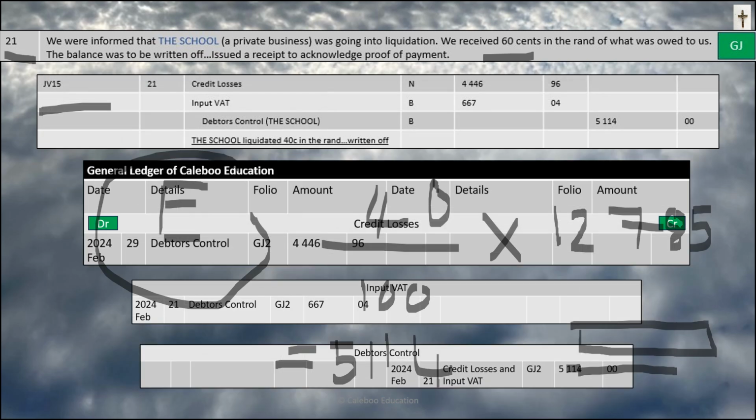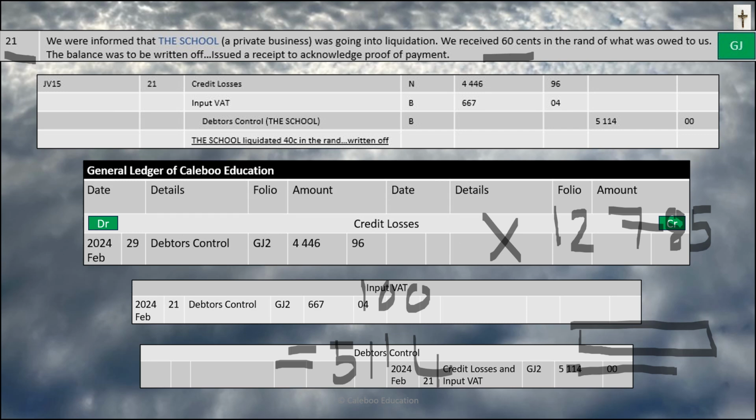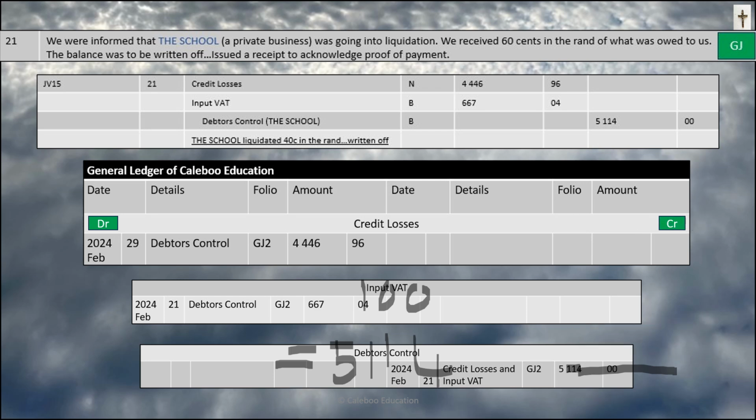I'm going to clean this up quickly. So if you look at the general journal while I'm busy rubbing this out, there are 3 accounts involved. When we made a sale to the school, we claimed output VAT.